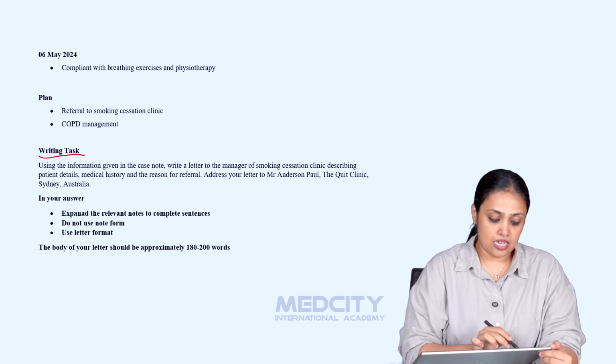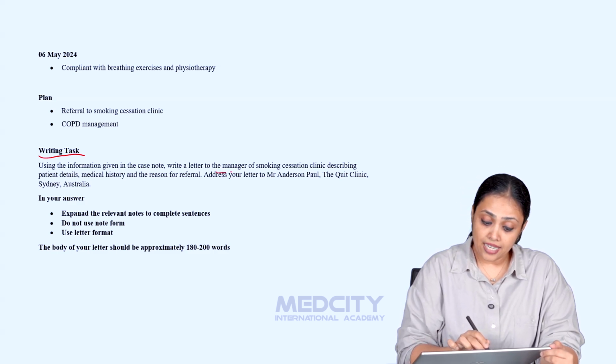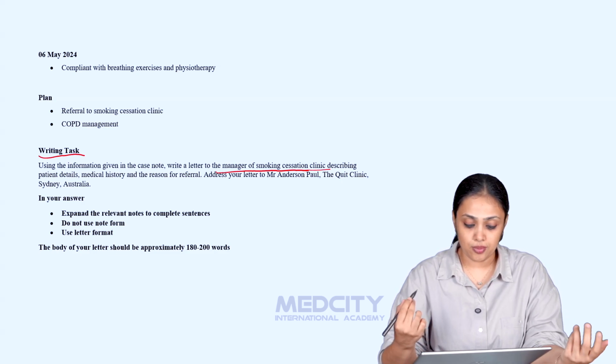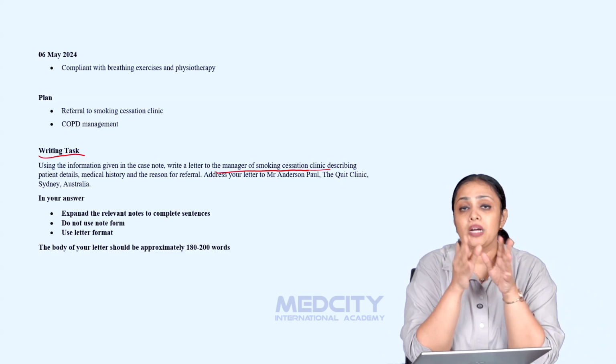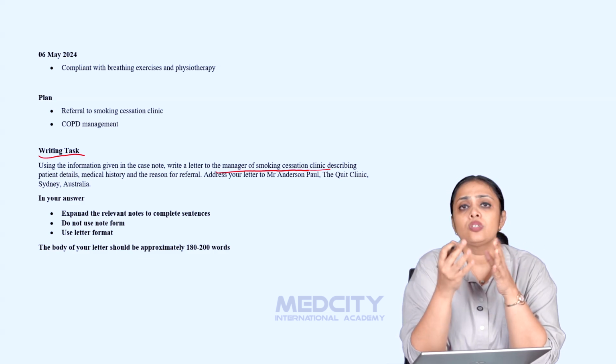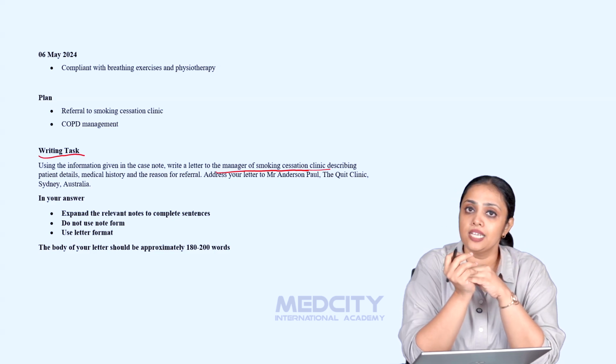Now the writing task says, using the information given in the case note, write a letter to the manager of smoking cessation clinic. That was kind of interesting to many, because this was one thing that I felt was quite different from the usual pattern that we get. Mostly we get letters wherein the reader would be a medical person.